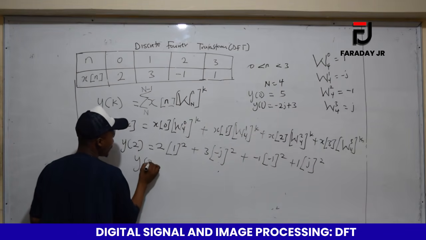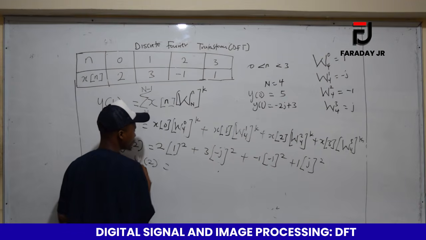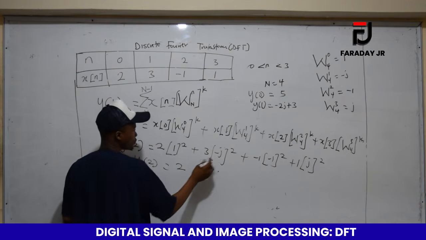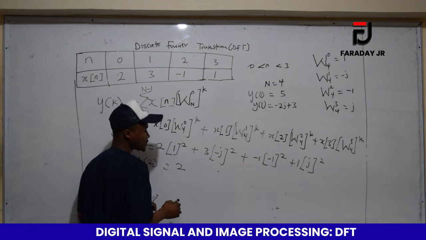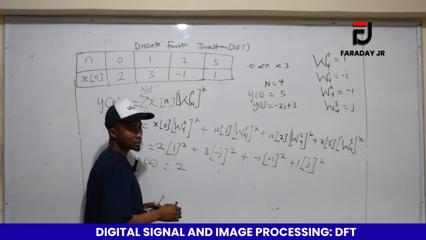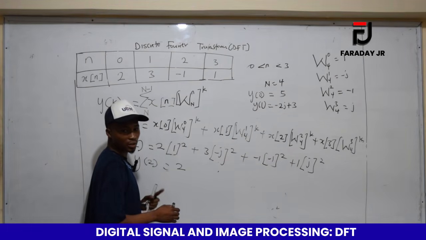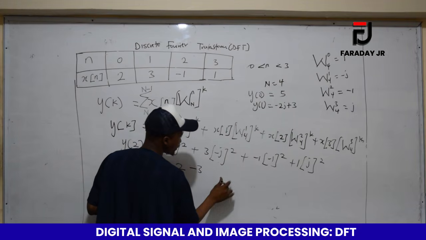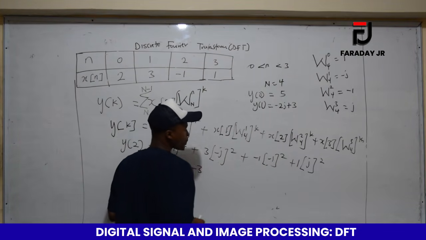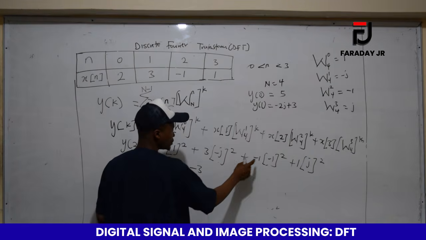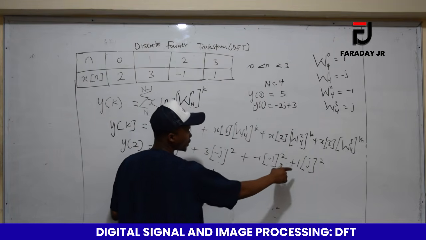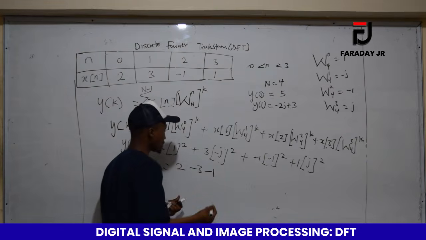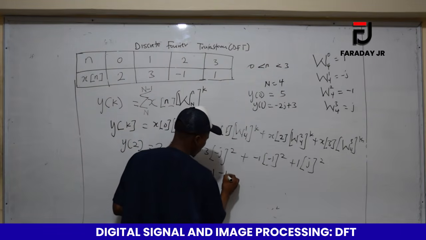So it means that our y of 2 will now be equal to 2 times 1, which will give us 2. This one times this will give us j squared, which is the same as minus 1. So 3 times minus 1 will give us minus 3, right? So we have minus 1 squared, which is 1. And this one will give us minus 1. And then we have j squared, which is also the same as minus 1.